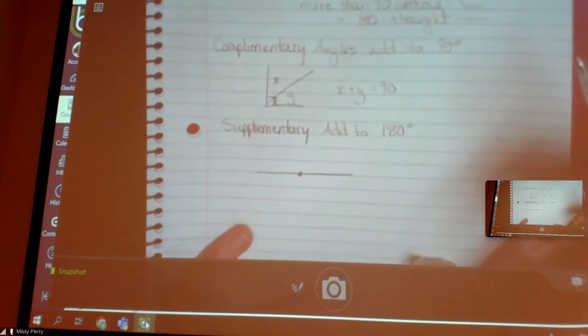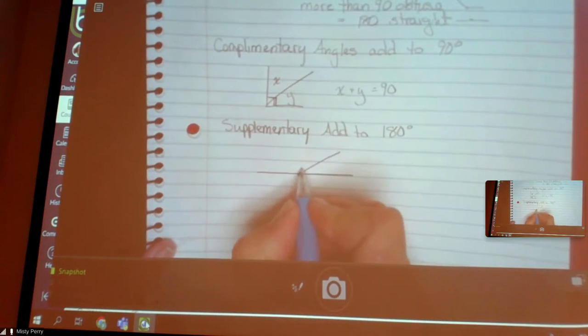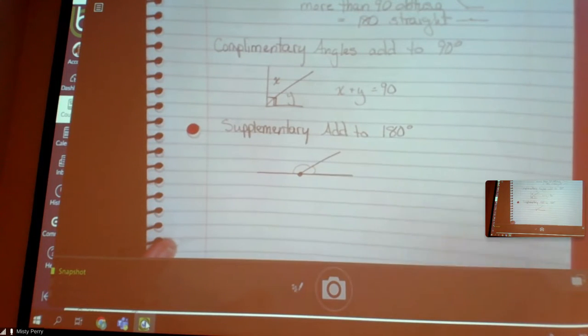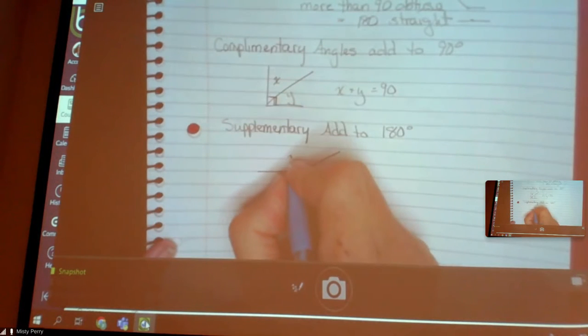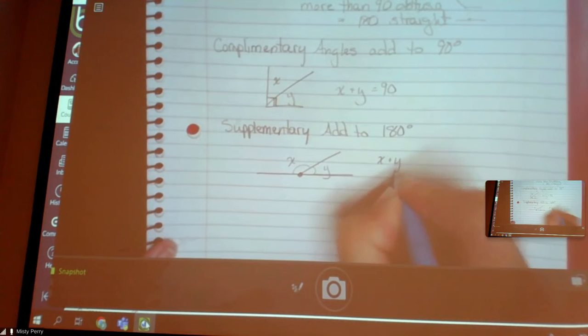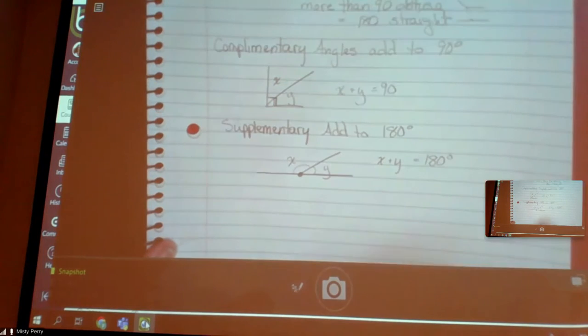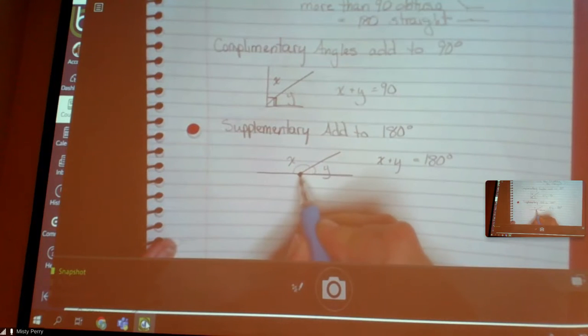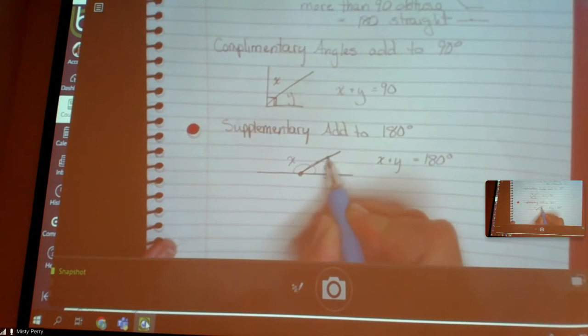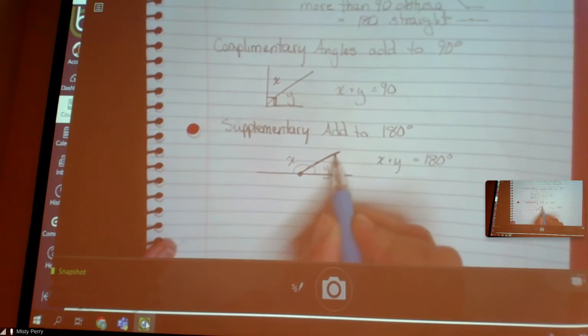They are going to add up to the straight angle. Typically, you'll have one obtuse angle and one acute angle, but that's not always. So in this case, we'd have X plus Y will equal 180. Now notice these angles share this little leg right here. These are adjacent angles because they share one side.